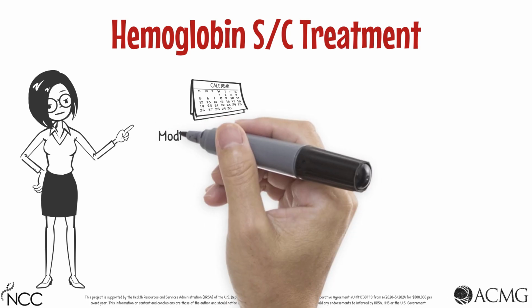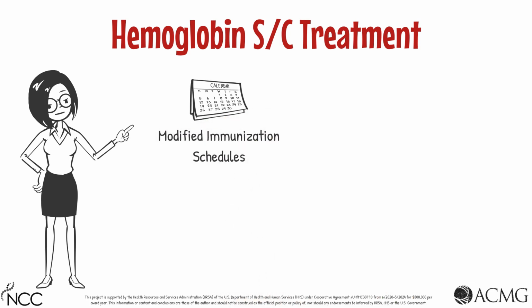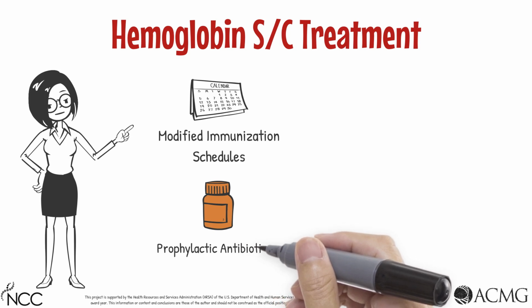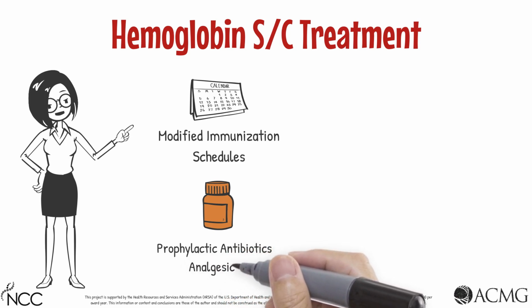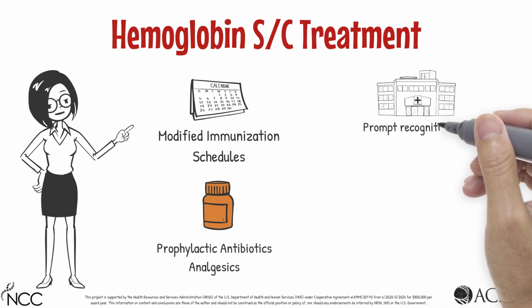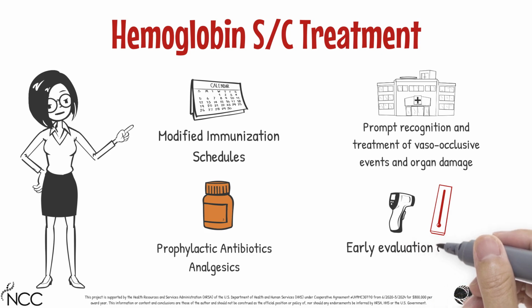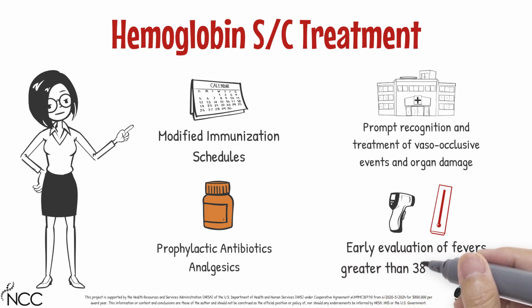This includes modified immunization schedules due to the increased risk of infection in those with hemoglobin SC disease, prophylactic antibiotics to prevent frequent infections, therapeutic medication such as analgesics, and prompt recognition and treatment of vaso-occlusive events. Urgent evaluations of fevers greater than or equal to 38.5 degrees Celsius or 101 degrees Fahrenheit and early screening for organ damage are also important.